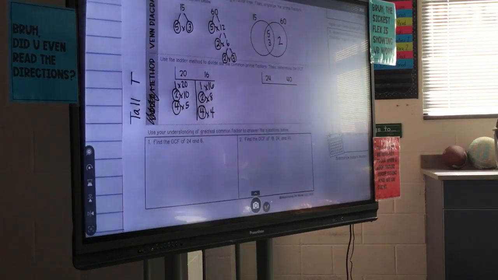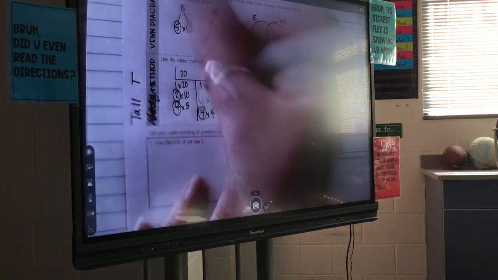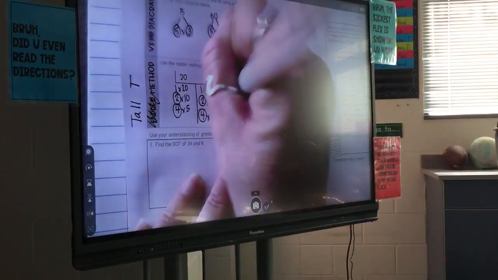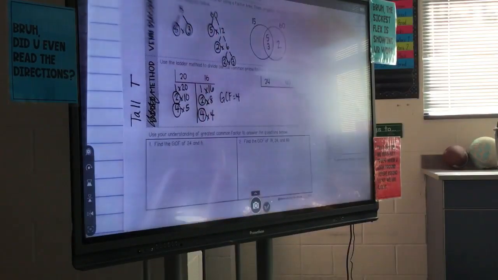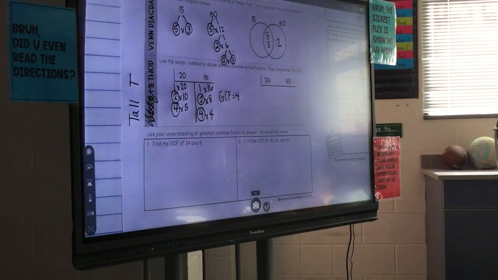What is the greatest common factor or the greatest number that we circled between those two? Okay, 4. So your GCF here equals 4. Okay, so that's the tall T method compared to the prime factor tree and the Venn diagram.